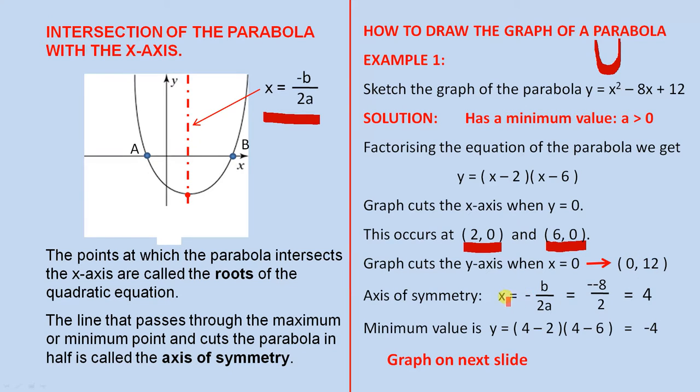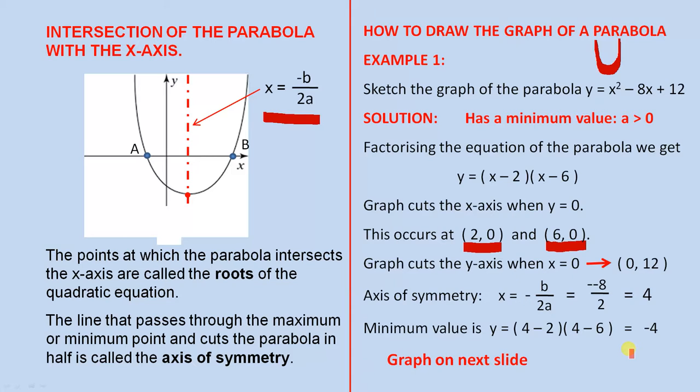The axis of symmetry is x equals minus b on 2a, as we saw up here. And as you can see from the equation, b is minus 8 and a is 1. So when you substitute those values in, you get the axis of symmetry, x equals 4.